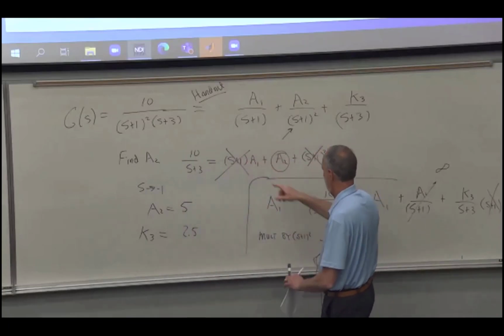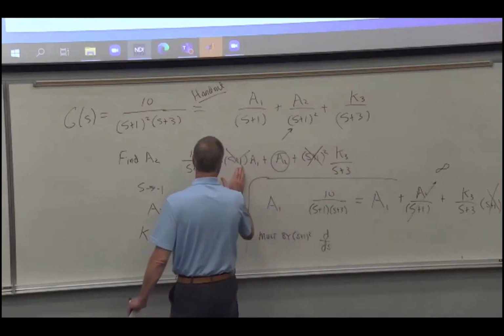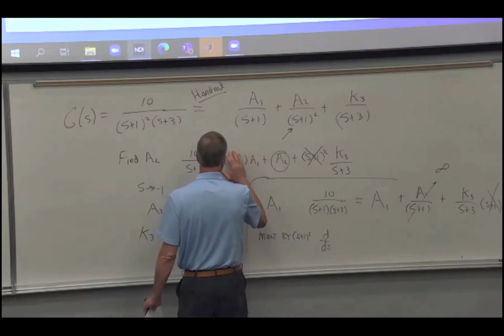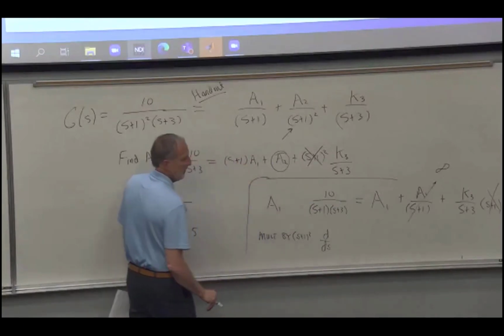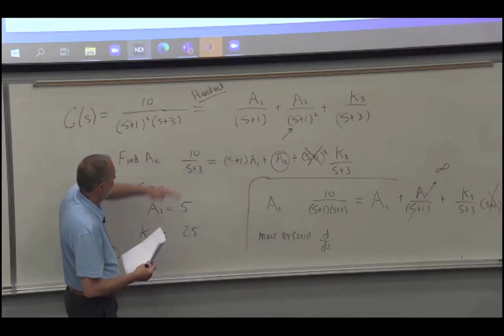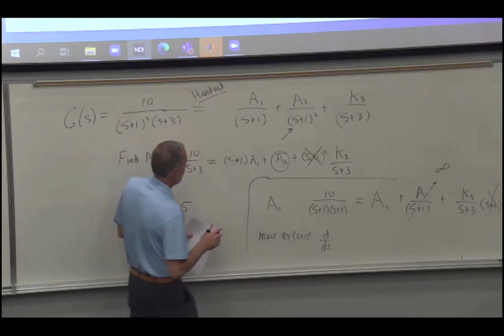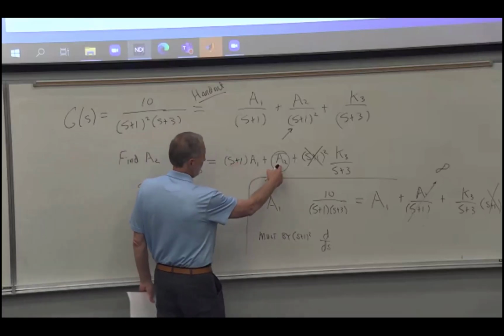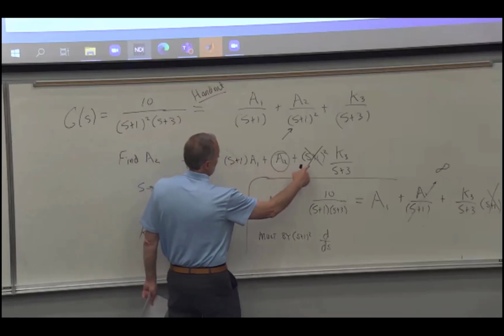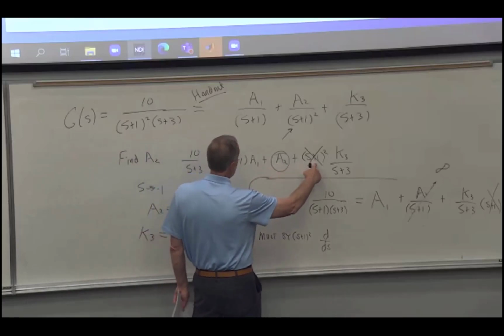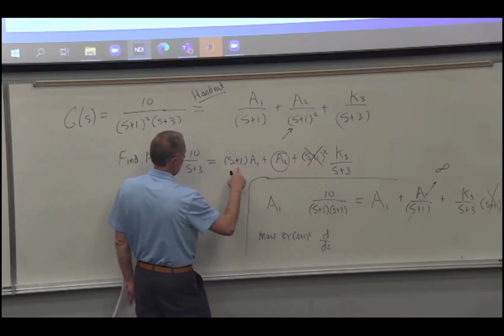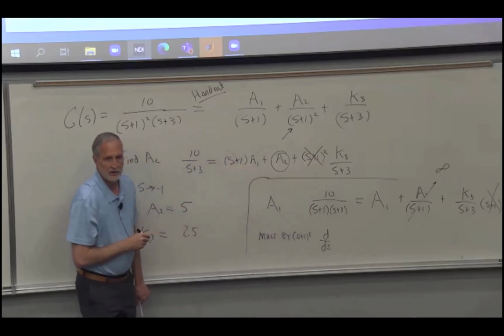So if we multiply both sides by S plus 1 squared, we got that, right? That was a step up here, so it's the same step here. But then if you take the derivative, A2 is a constant, so it goes away. This still gets knocked out when S is -1, and the derivative here gives you A1 all by itself.